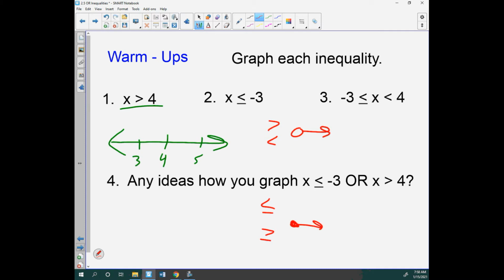So this one is an open circle right at 4. And if we have the x on the left-hand side, which we do in this case, it's going to follow the arrow pointing. That one's pointing that way, so that's the way we're going to shade. See how they're pointing the same way? That would be my answer for that first one, right?